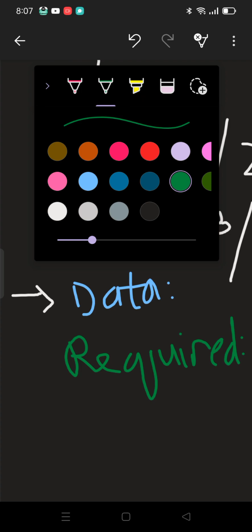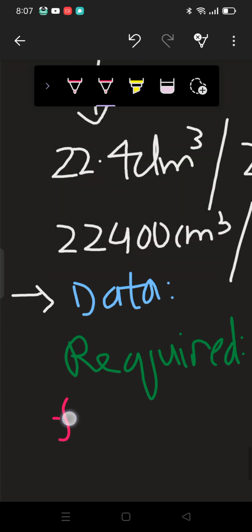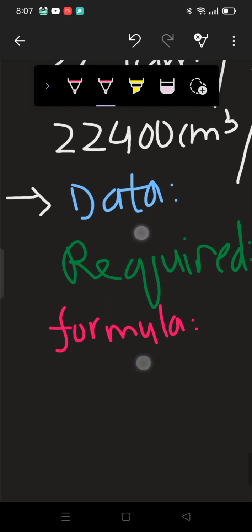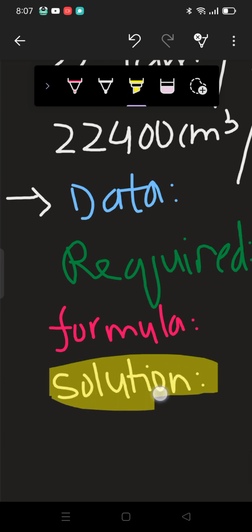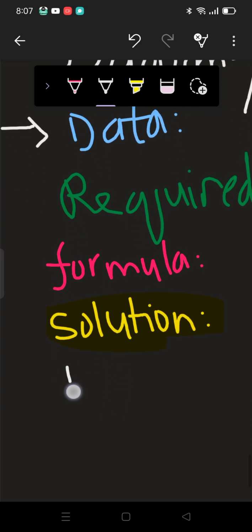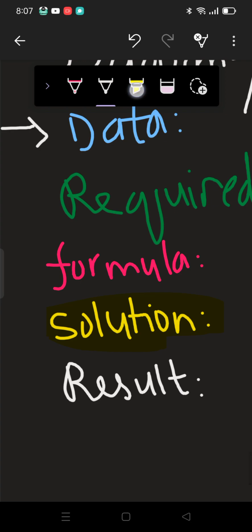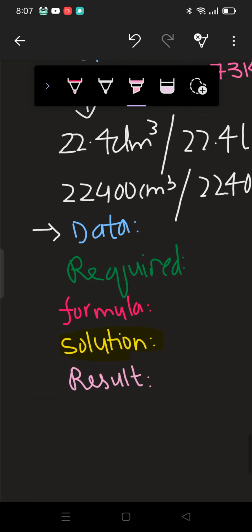Third, you need to write the formula. Fourth, you need to solve it, the solution. Last but not least is the result. So the 5 steps are: data, required, formula, solution and result.